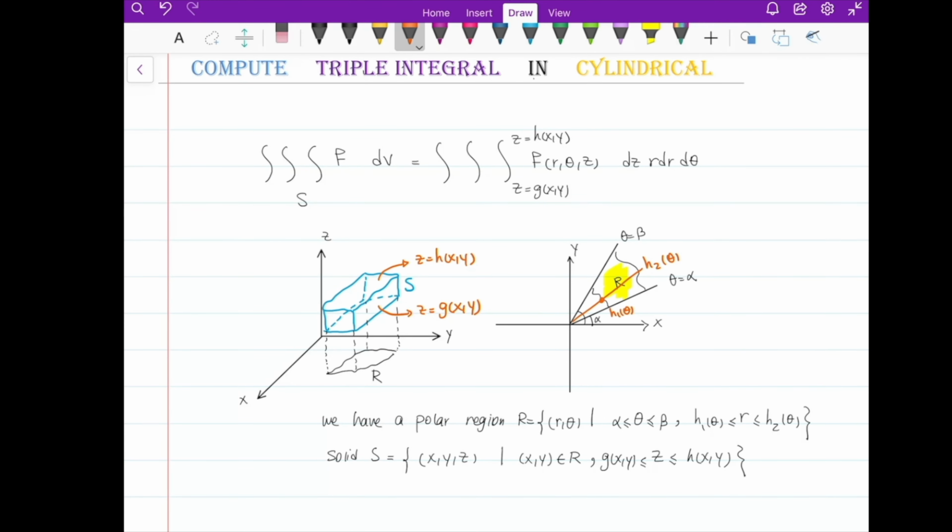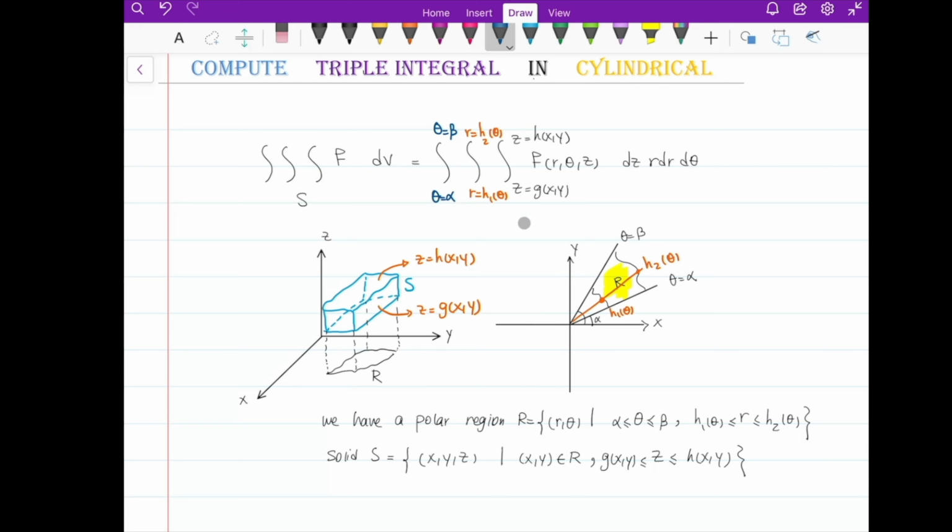The first point to hit the region would be h1 of theta, so I'm going to say h1 of theta, and the second point that leaves the region is lying on h2 of theta. So r goes to h2 of theta, and then theta is between alpha and beta, as you see in here. So theta is from alpha to beta. That's how we set up the integral.